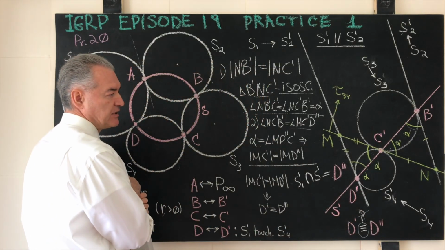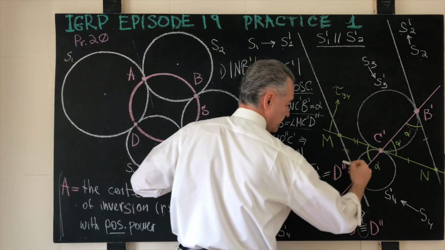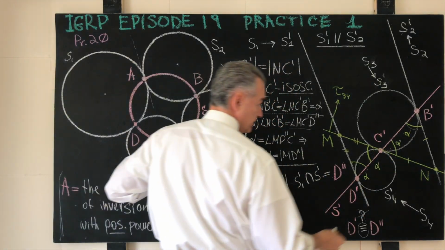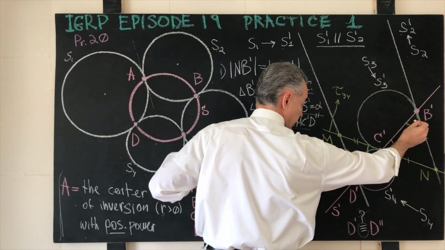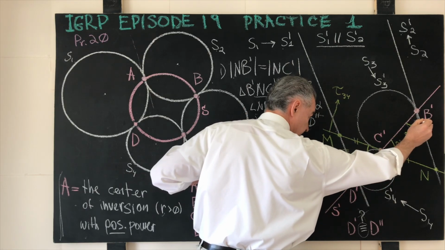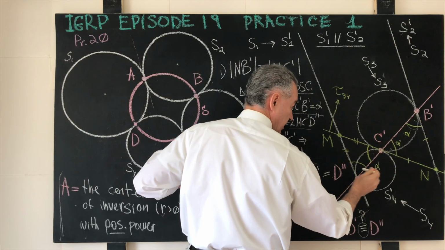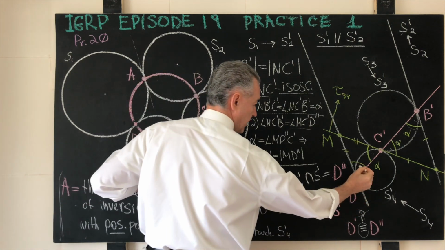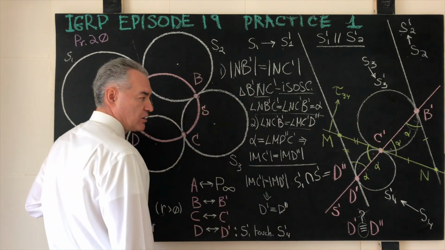And that means, again, as I mentioned before, the angle chasing idea: basically this angle is equal to this angle is equal to this angle is equal to this angle, alpha. That means that the magnitudes of the interior angles over here, alpha and alpha, are one and the same.